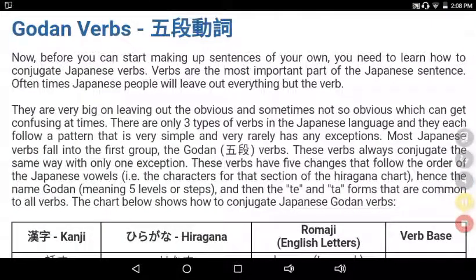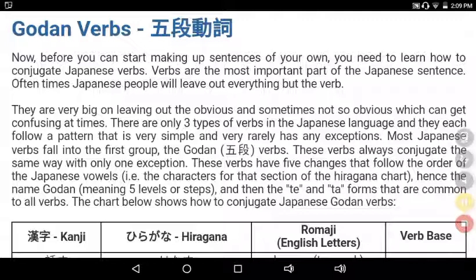Now, before you can start making up sentences of your own, you need to learn how to conjugate Japanese verbs. Verbs are the most important part of the Japanese sentence. Oftentimes, Japanese people will leave out everything but the verb. They are very big on leaving out the obvious and sometimes not so obvious, which can get confusing at times.